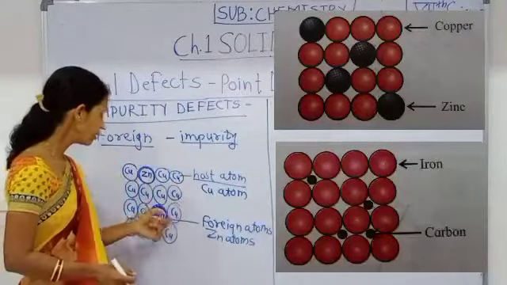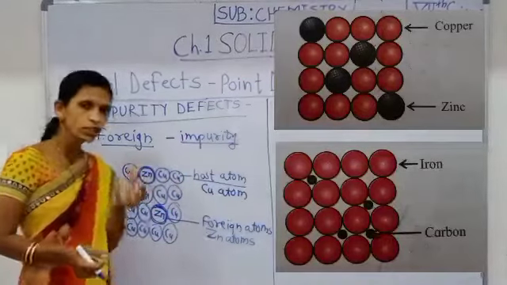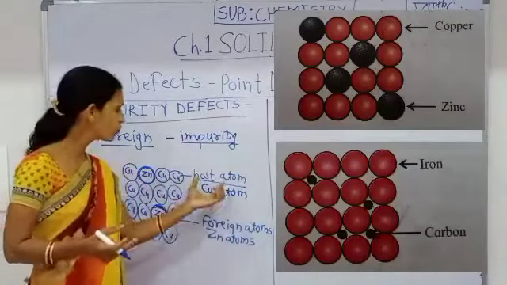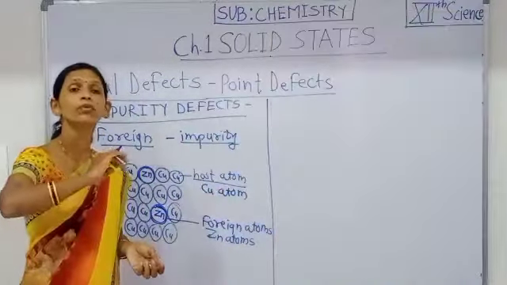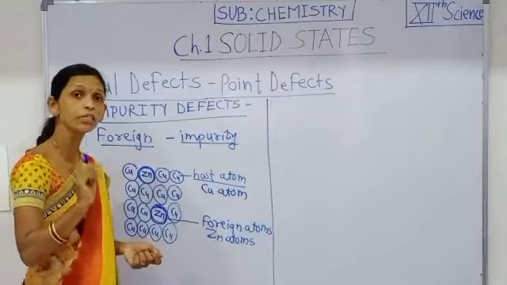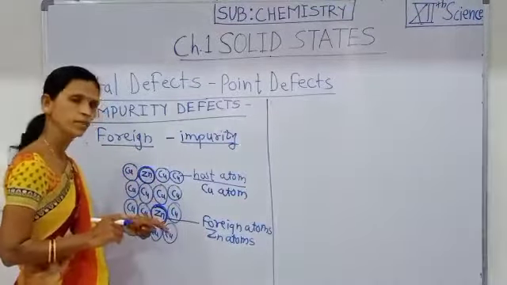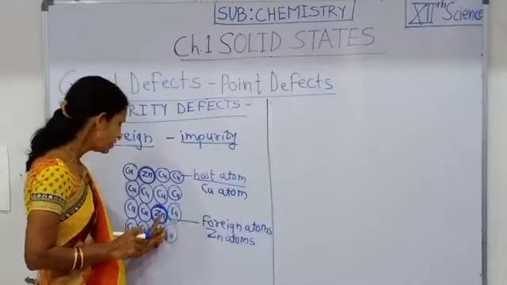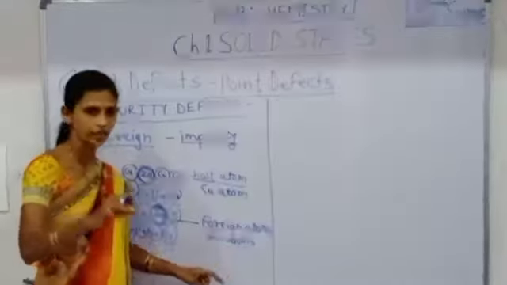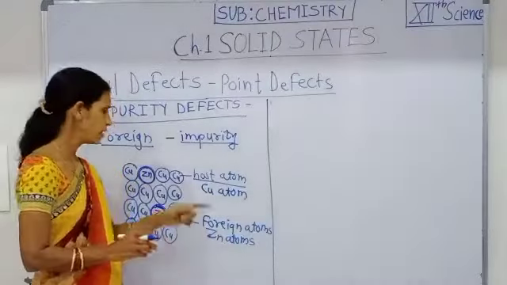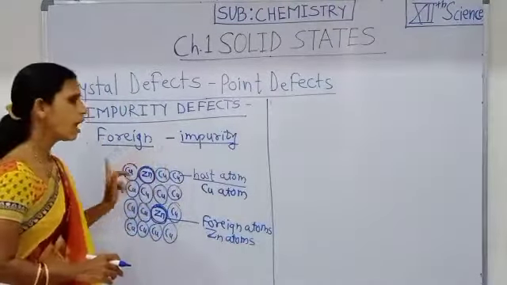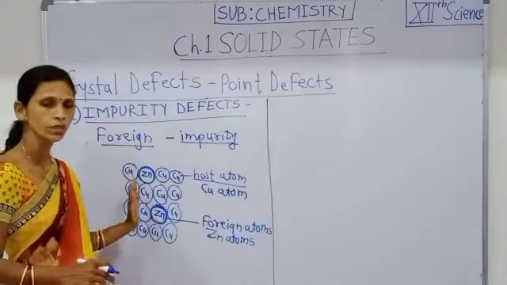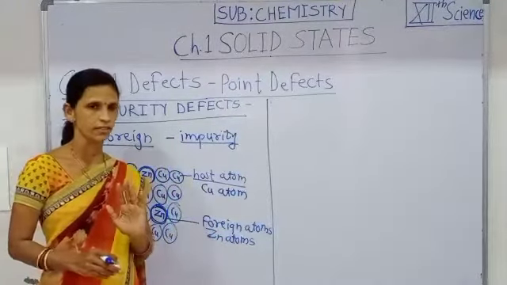Then a few of the original copper atoms are displaced by zinc atoms. Copper atoms are the host atoms and zinc atoms are the foreign atoms, and here an impurity defect is produced in the crystal lattice.